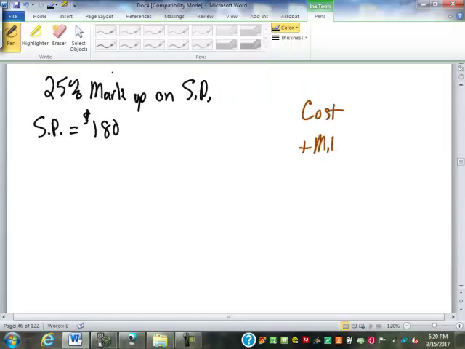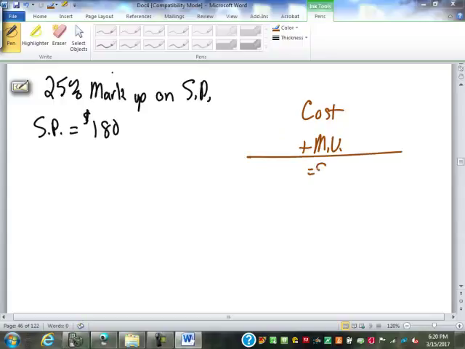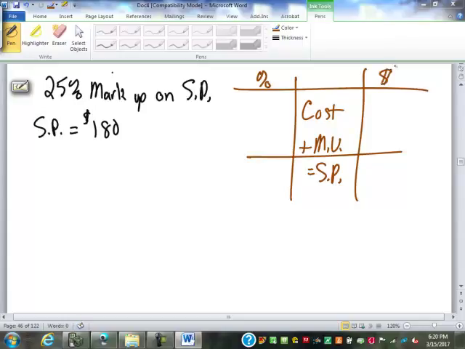Cost plus markup equals selling price. We've got percents, we've got dollars. 25% goes on the percent side of the markup. 180 goes on the dollar side of the selling price.